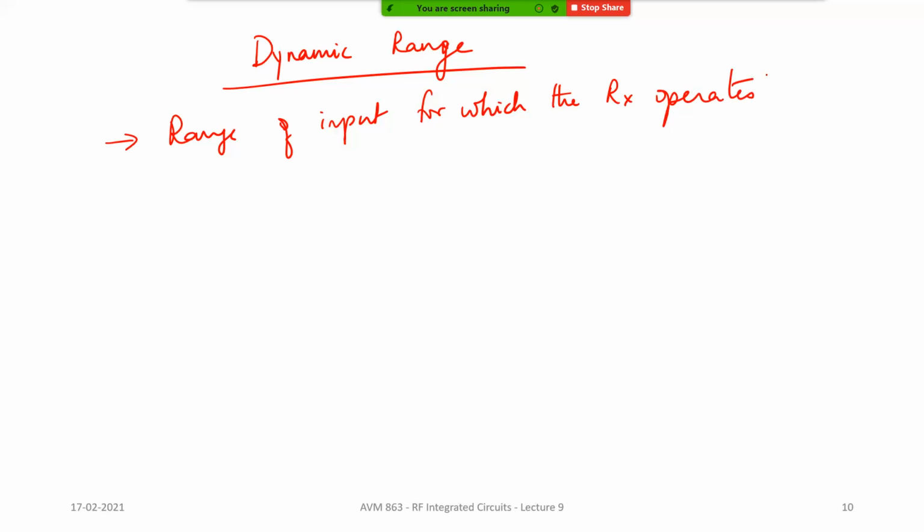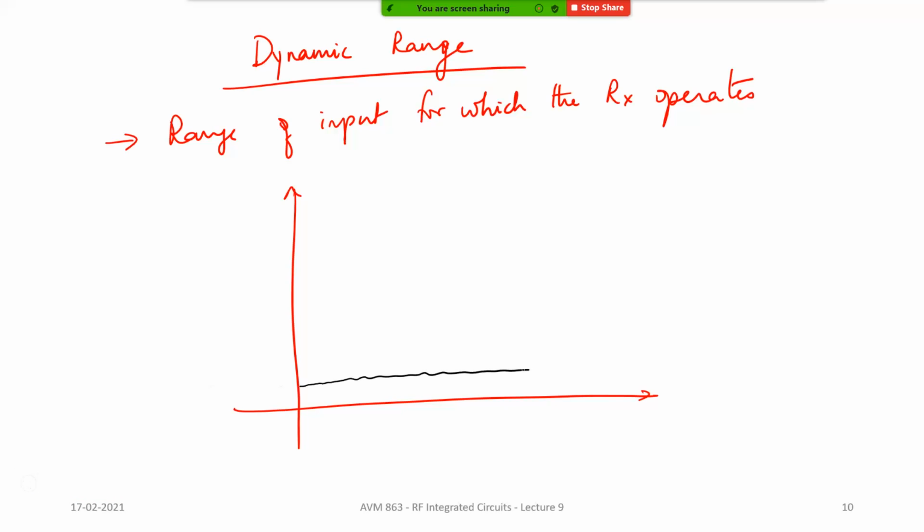All right. So on the lower side, we very well know that the receiver integrated noise is what is going to determine the limit. Let me draw a graph, because a picture is worth 1,000 words. On the lower side, you will basically have noise, the noise floor.